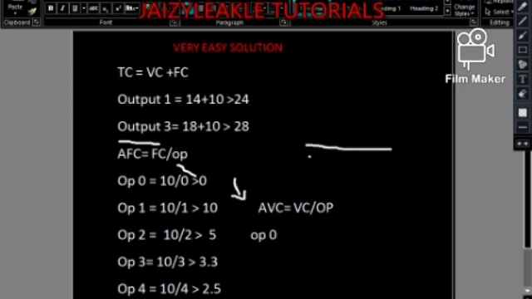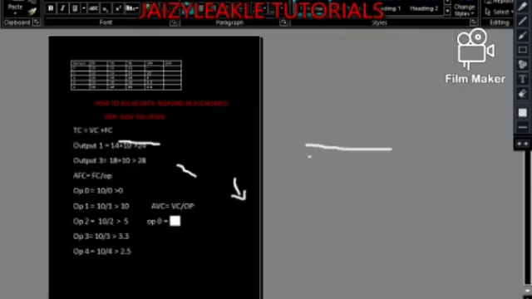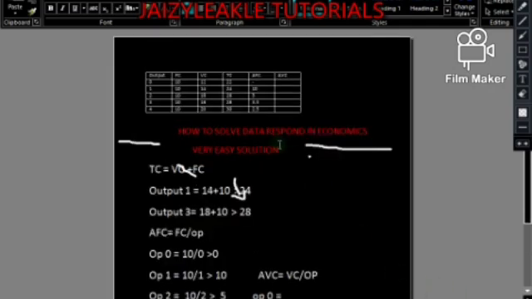We check the variable cost at OP1, which is 12, under here 12. So 12 divided by 0 is equivalent to 0, so we automatically put a dash.